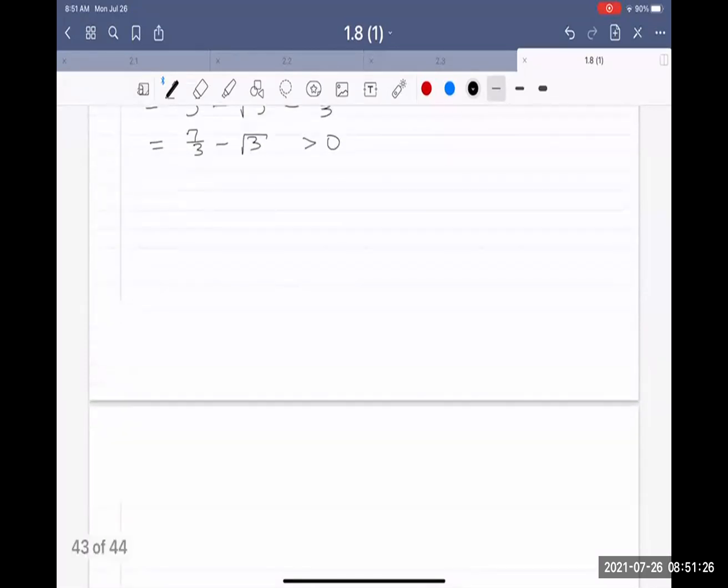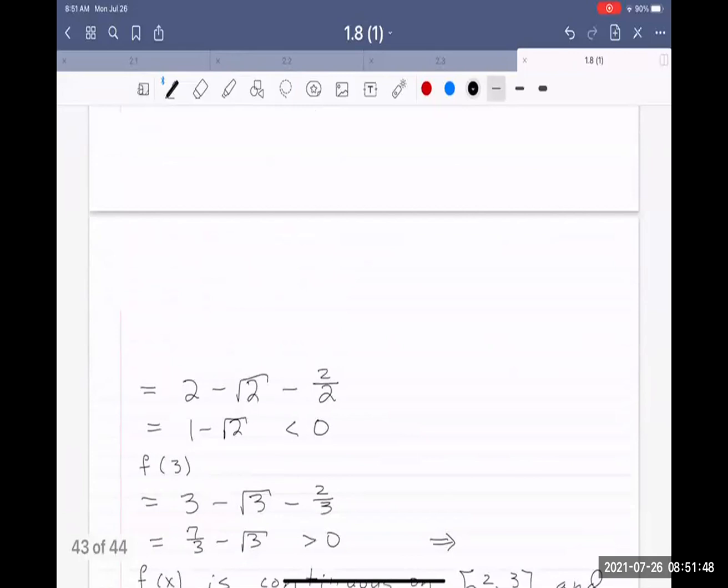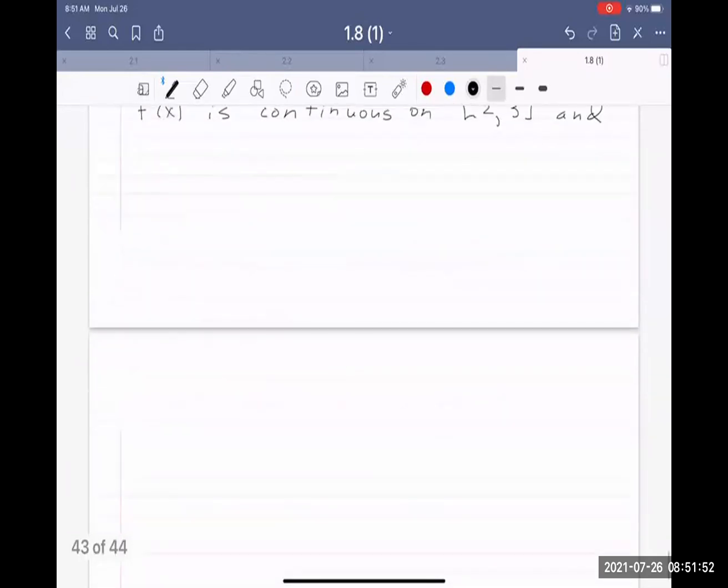So f is continuous on the closed interval 2 to 3, and f of 2 is less than 0. F of 3 is greater than 0.